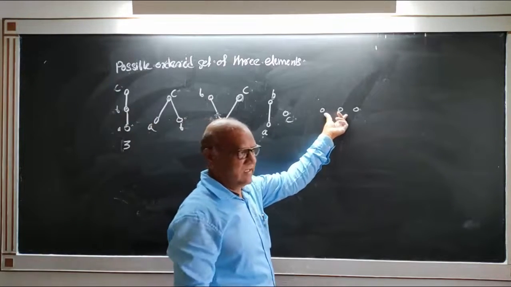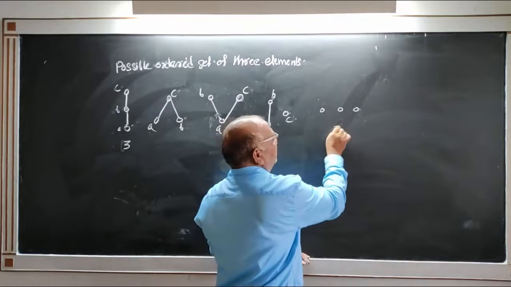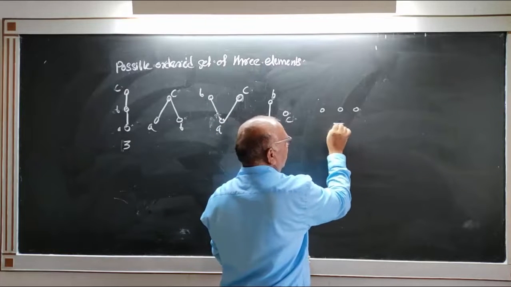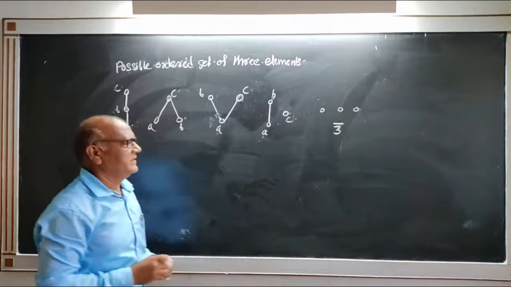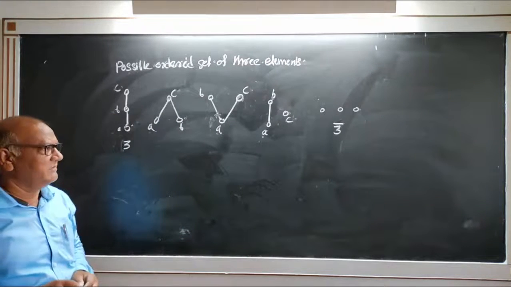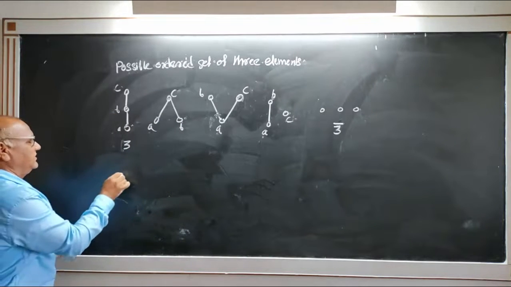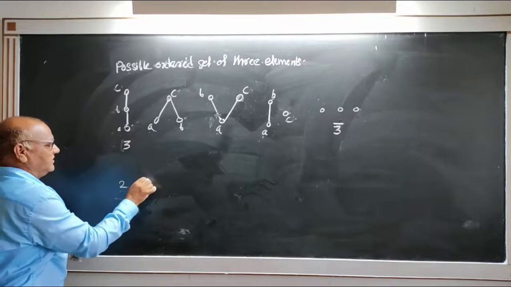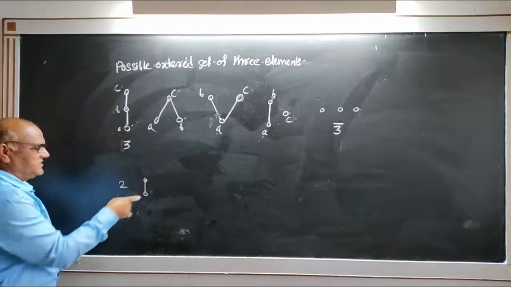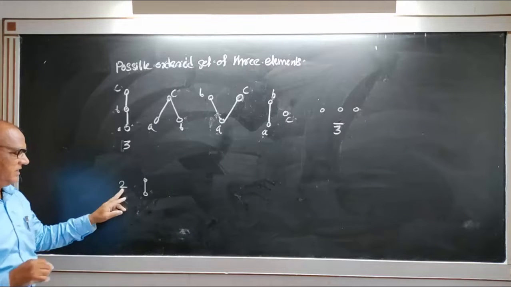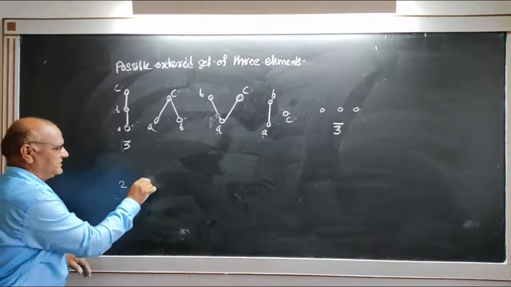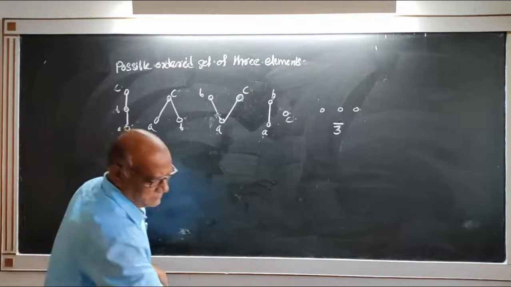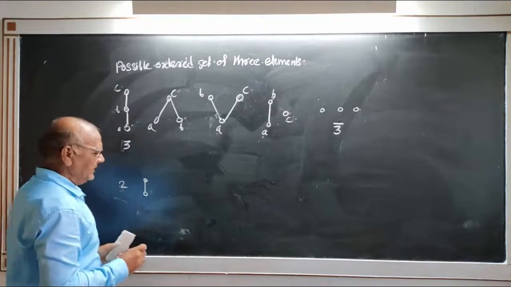It is an anti-chain and it is denoted by 3 bar. If we take chain 2, 2 means a chain of 2 elements.